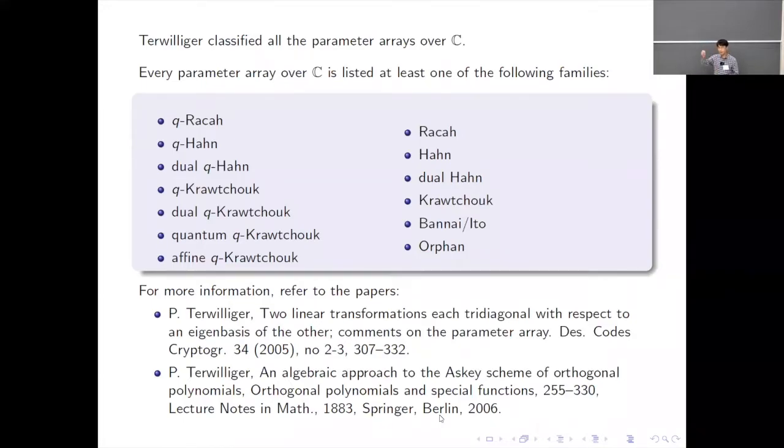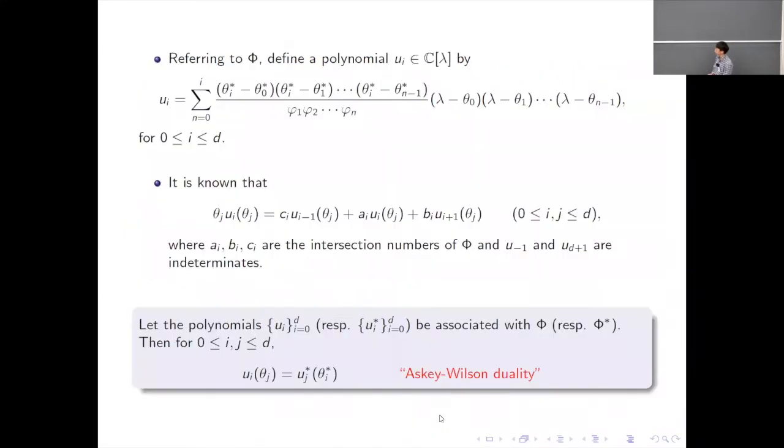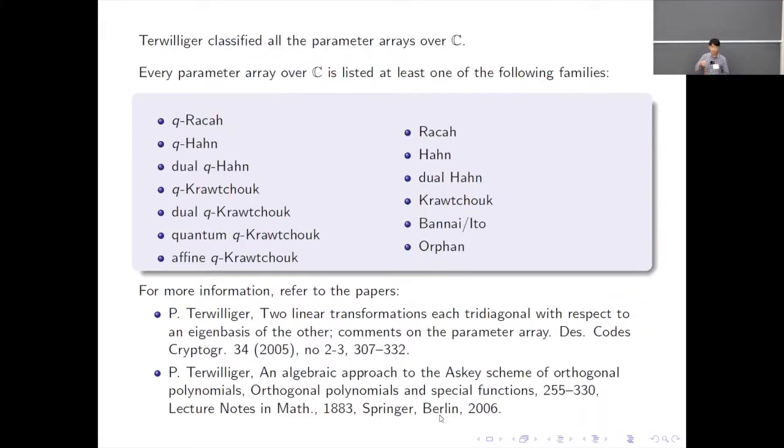For each family, we evaluate the polynomial u I at theta j. Then it becomes one of the polynomials in the Askey scheme. So we call this family the class of orthogonal polynomials in the terminating branch of the Askey scheme.